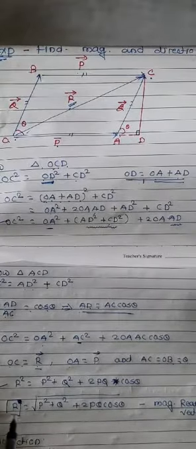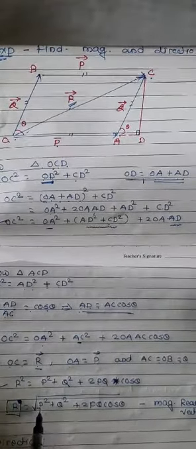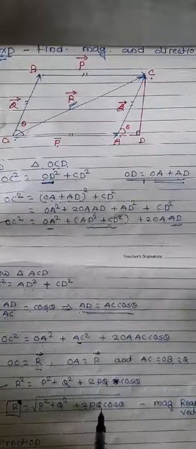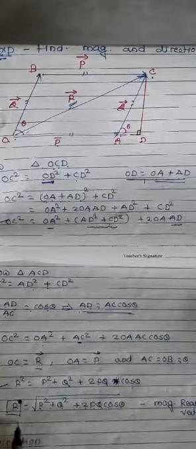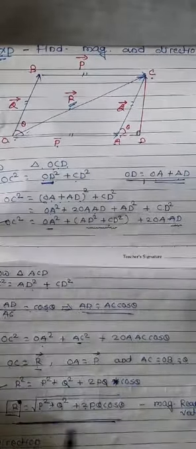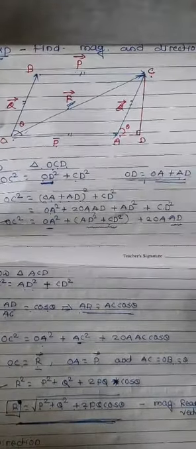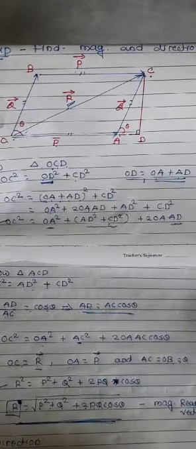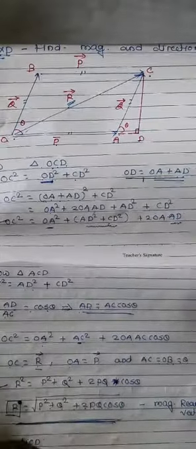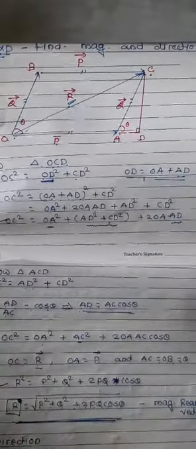R bar can be calculated as the under root of P square plus Q square plus twice of PQ cos of theta, and this is the magnitude of the resultant vector. Here we have calculated the magnitude of the resultant vector, which means the first half is ended.